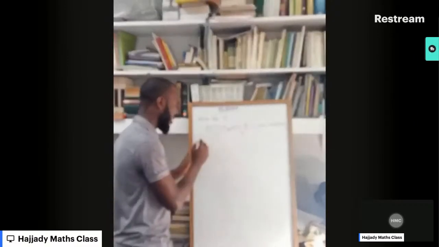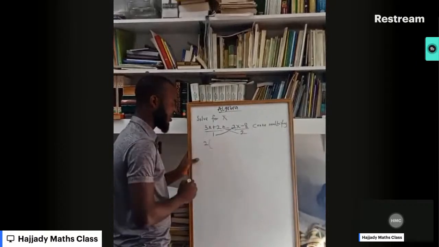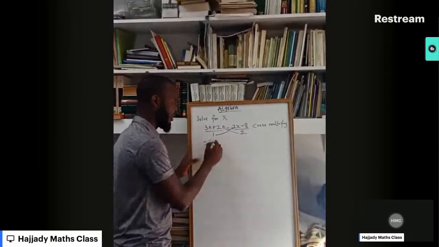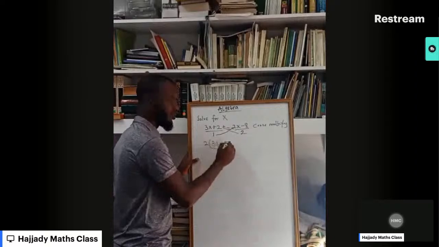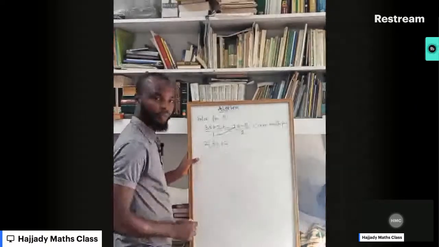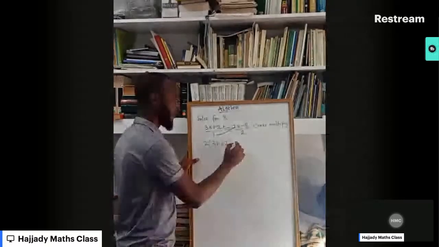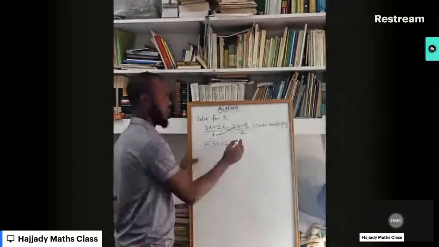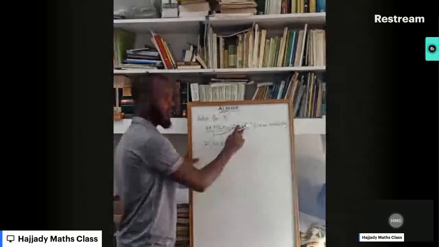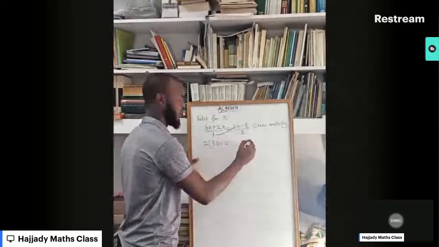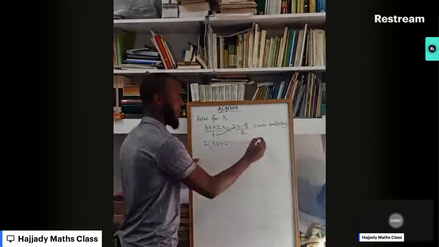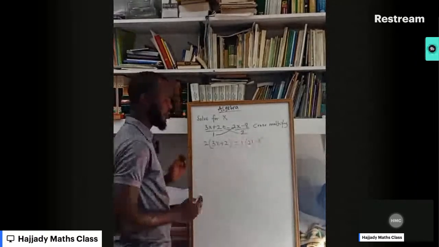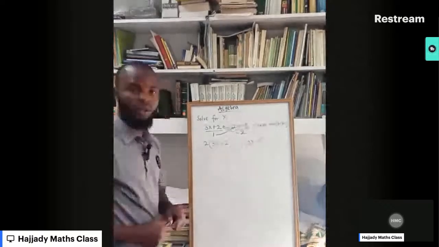By doing that, here you have 2 in parentheses multiplying 3x plus 2 equal 1 multiplying the numerator on the right hand side, 2x minus 8. Okay?